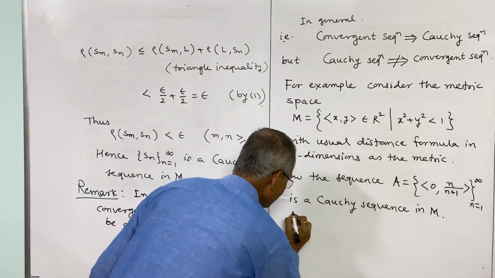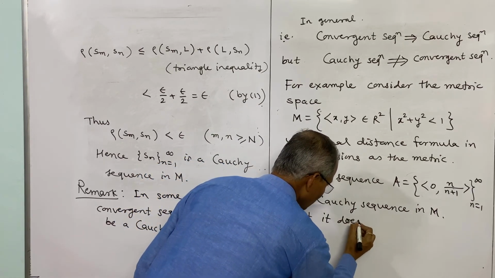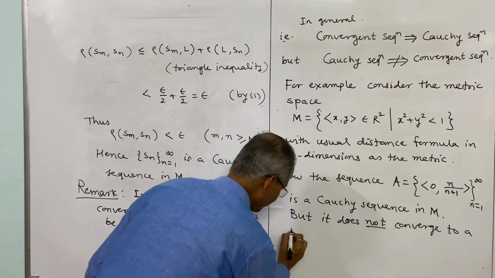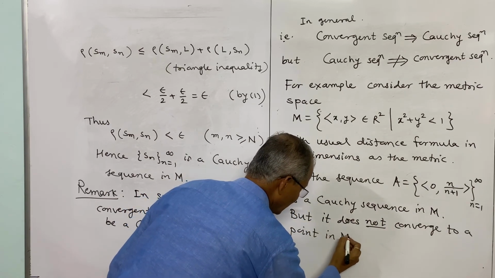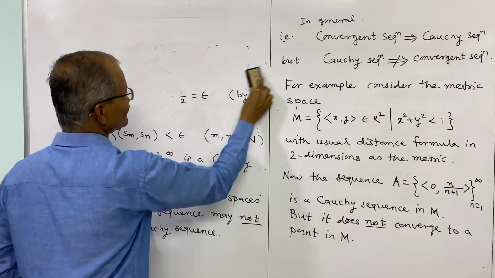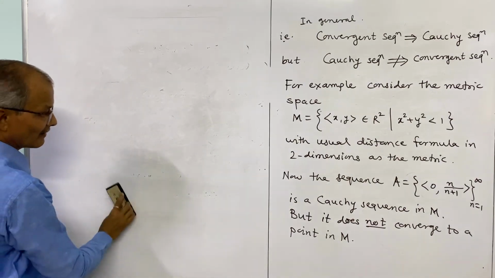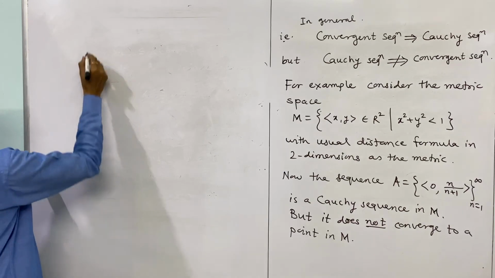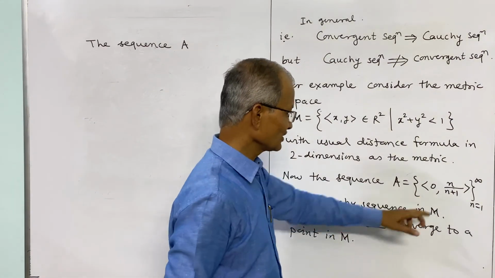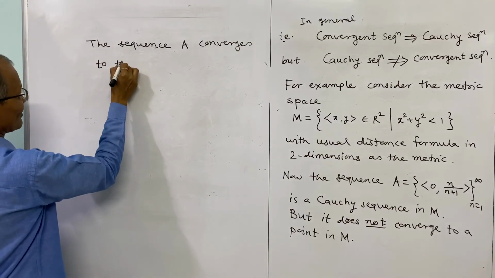Why does it not converge? It does not converge to a point in M. Actually, which point does this sequence converge to?